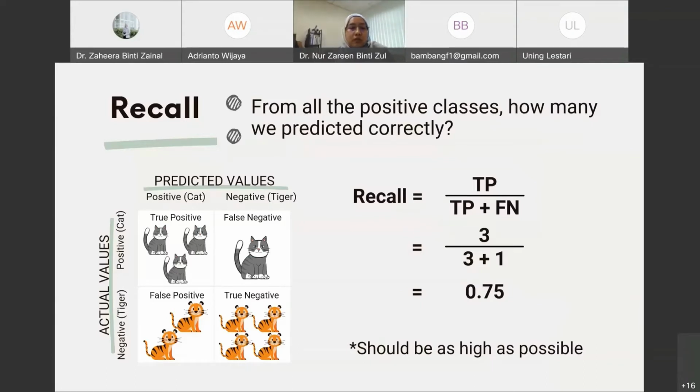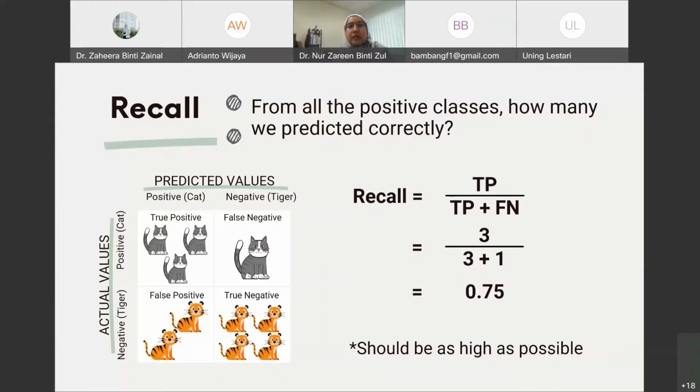So recall basically talks about from all the positive classes, how many were predicted correctly. So in this example here, you look at this part here, you predict as positive. From all the positives that you have, you want to know which ones are actually positive.